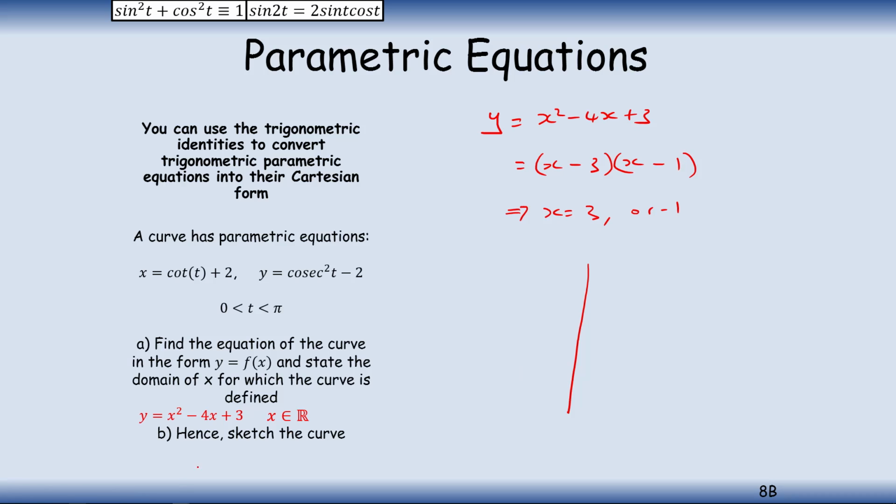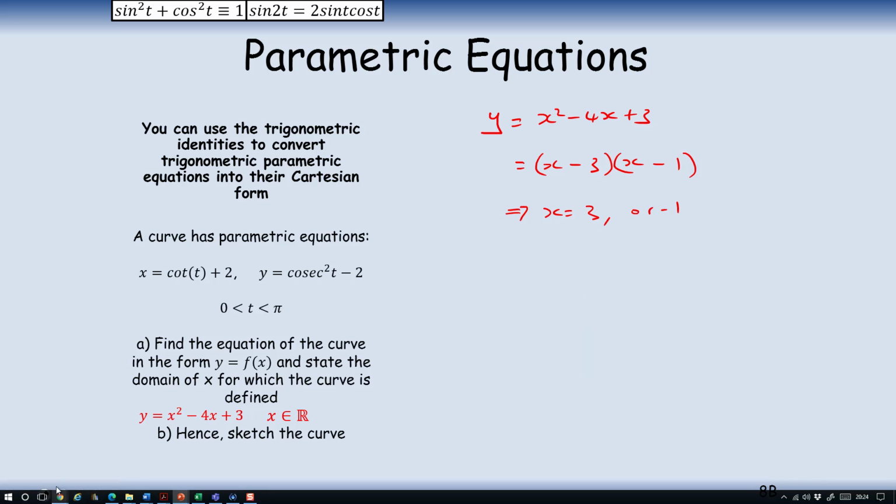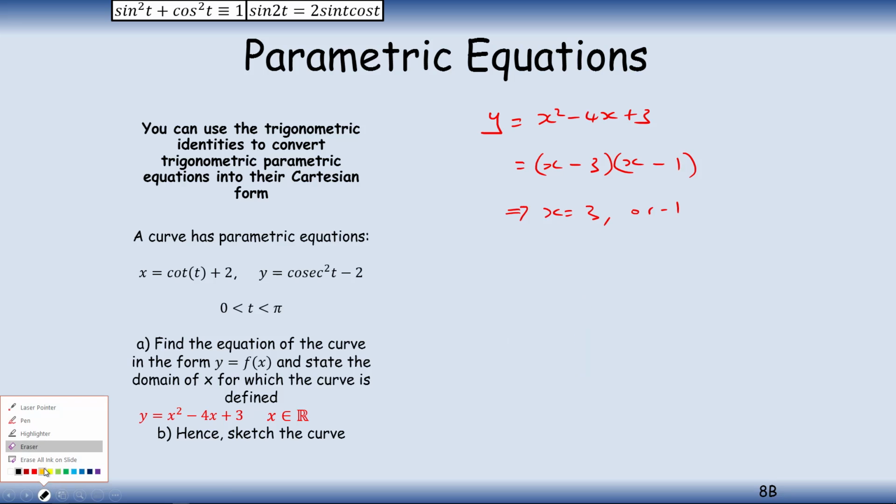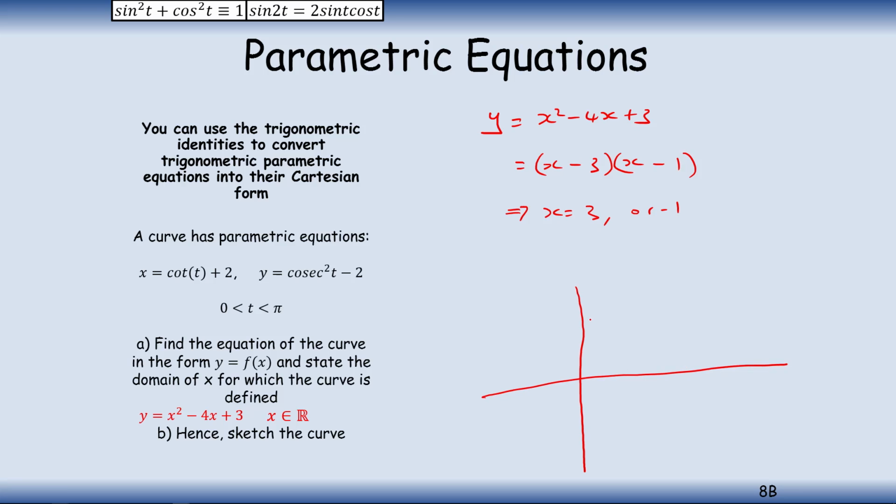Whoops, it's not very good. Let's try again. Go back to pen, see if I can manage a better line. Not really. Oh, we're going to have to stick with it this time. It's only a sketch. Make sure you use a ruler.